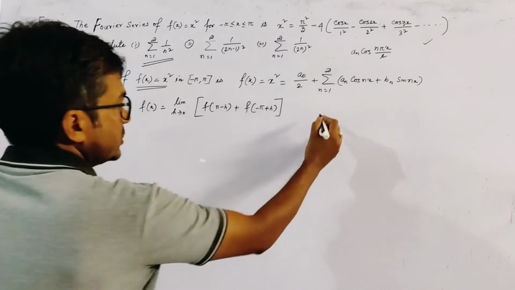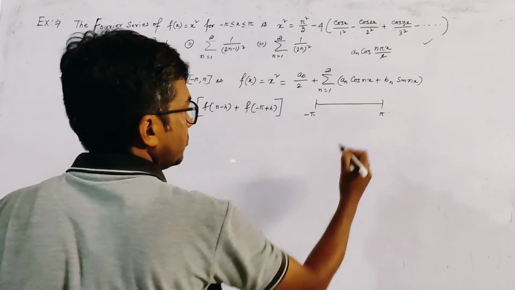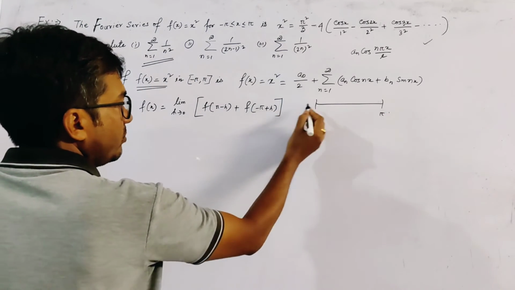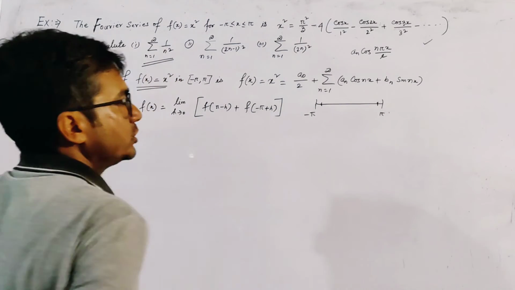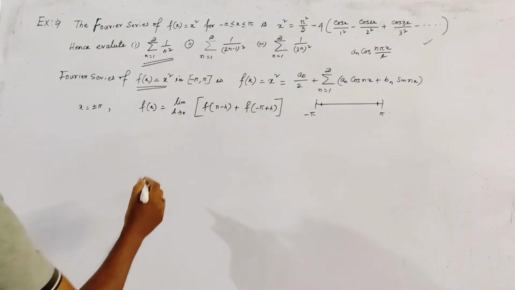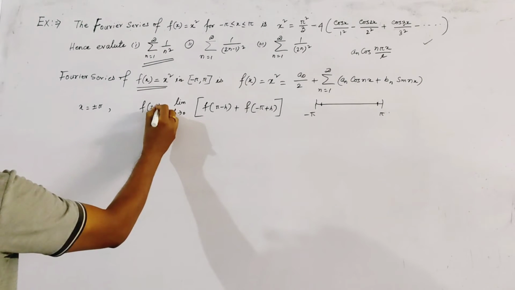Because this is the endpoint minus pi, this is the endpoint pi, we get the right side value at minus pi plus h, and for this point the left side value, and this is the value at plus minus pi.